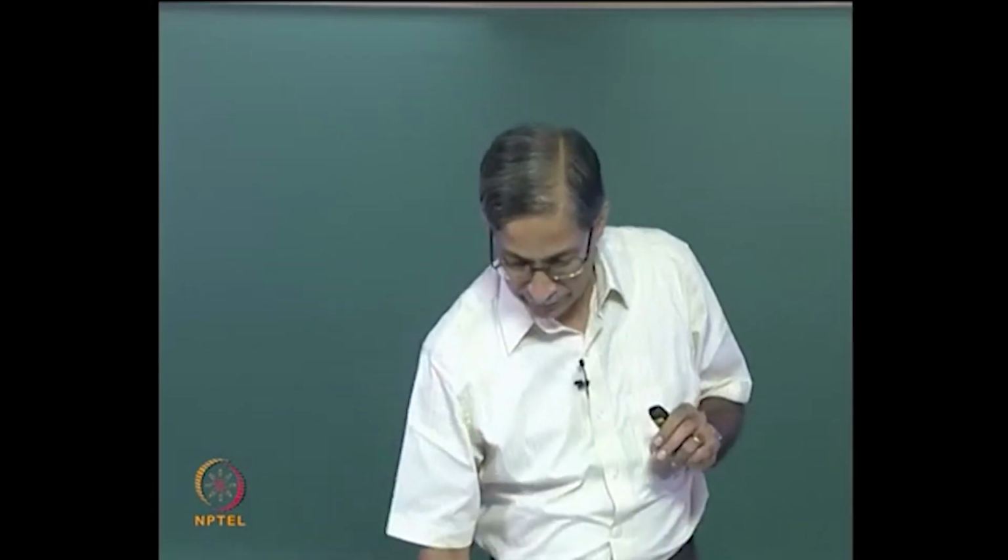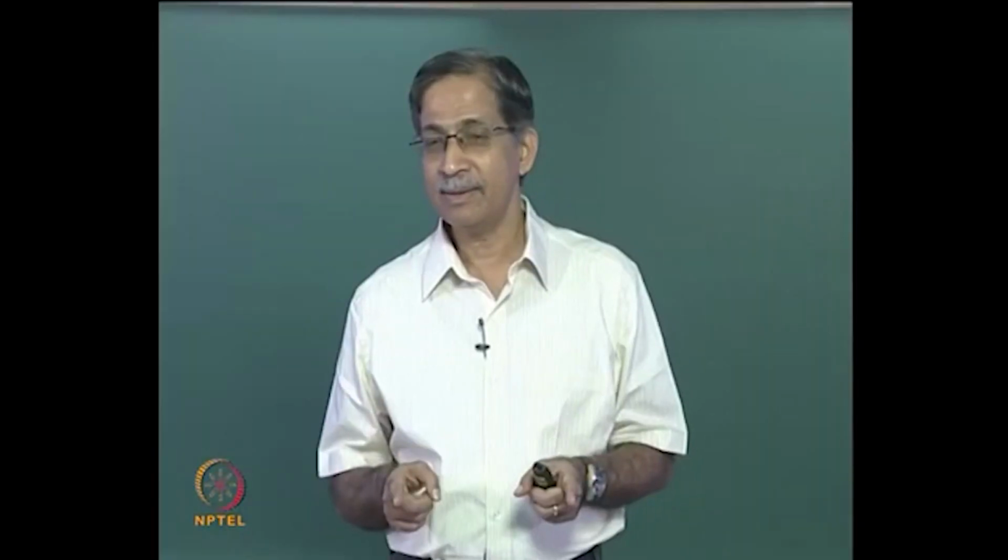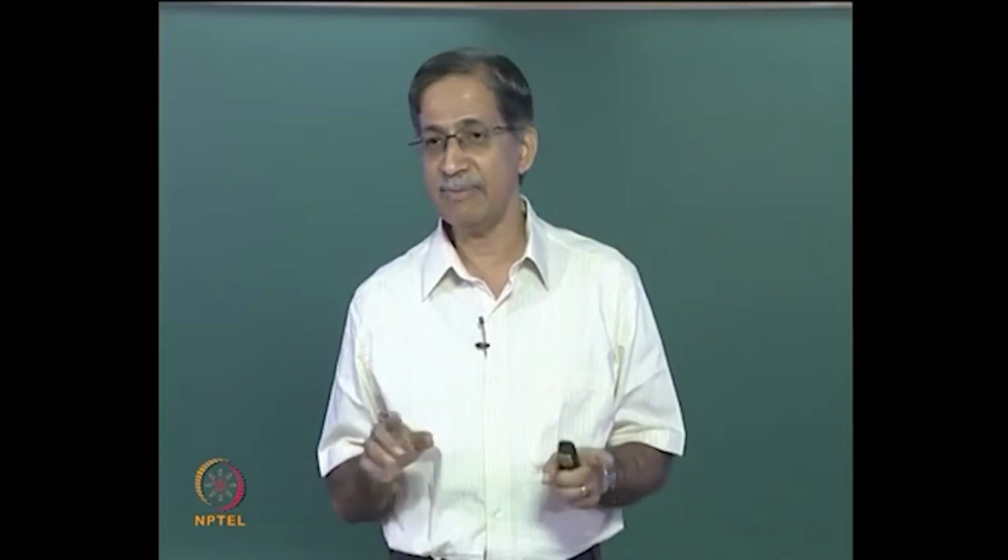Then you know that there is a contragradient principle which shows a relationship between the element level forces and the structure level forces, and then you have this transformation TD transpose K star TD, which gives you the structure stiffness matrix. Okay. This structure stiffness matrix that you get using the reduced element formulation is the same structure stiffness matrix that you would get had you done it by the conventional stiffness method.